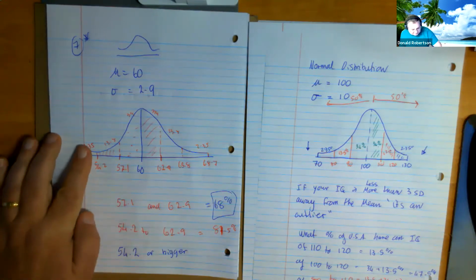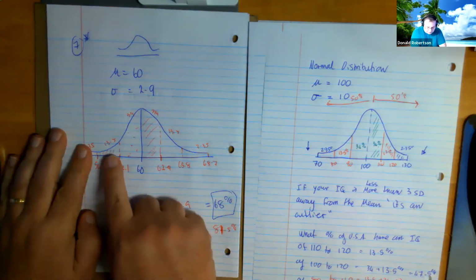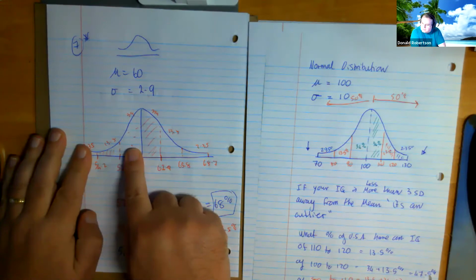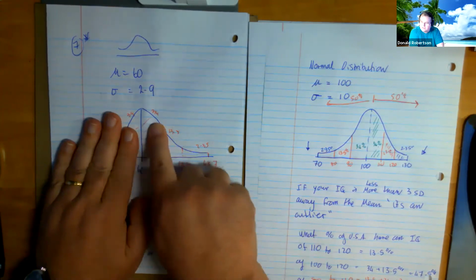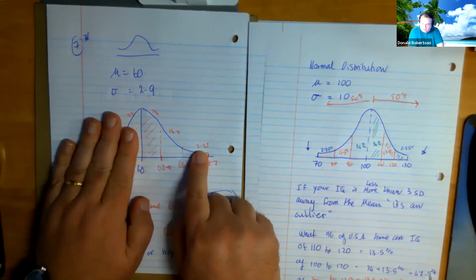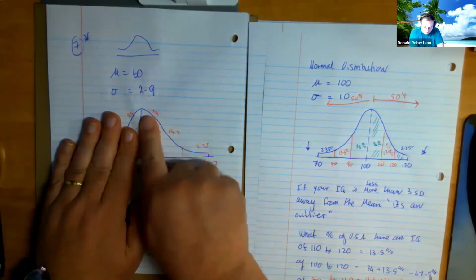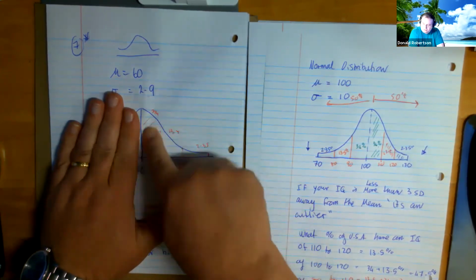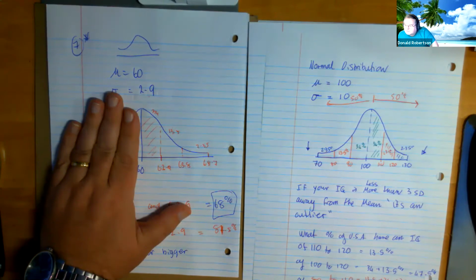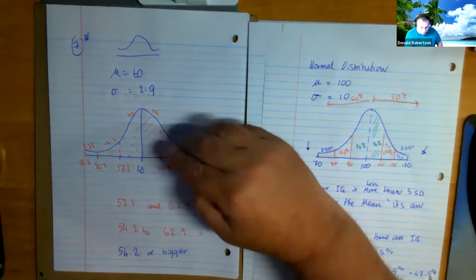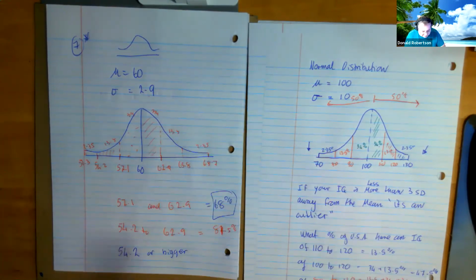Well, if you look at 54.2, isn't it this guy and this guy? Those two. What about the rest? I don't really want to count these up. Can't I just know what this whole chunk here is? How much is this whole right-hand side worth? 50 percent.